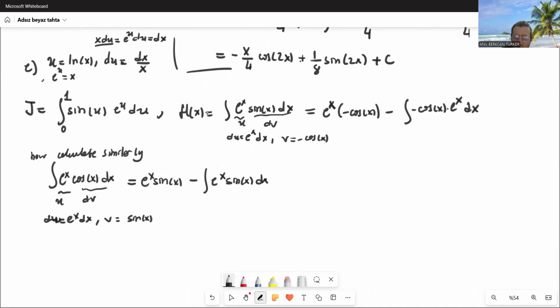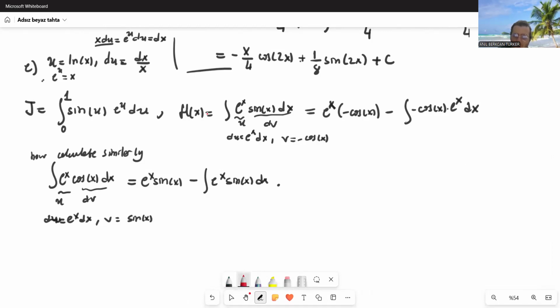You get the original integral. So let's go back. We need to apply integration by parts to this function, and we get this function, which is just e to the power x cosine x. When you again try to apply integration by parts, you get the first integral, e to the power x sine x. But it's not very bad at all. Just put back the values.